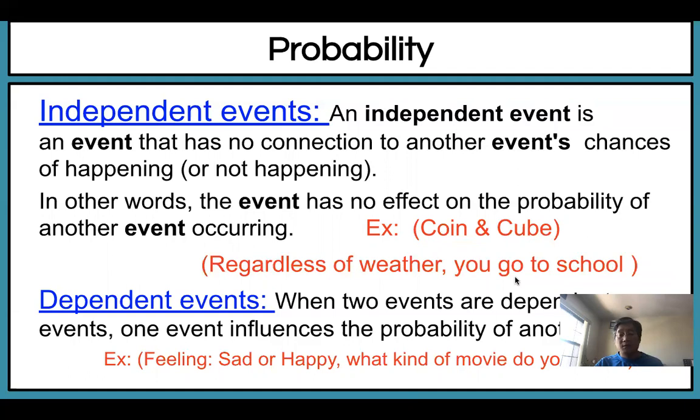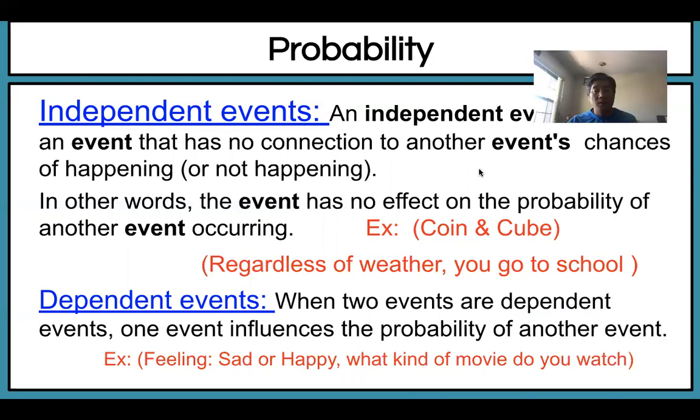Then it becomes dependent. But no matter what, if you keep going to school, then independent. For dependent events, one event influences the probability of another event. When you feel sad or happy, you choose movies differently. Then they are dependent, right?